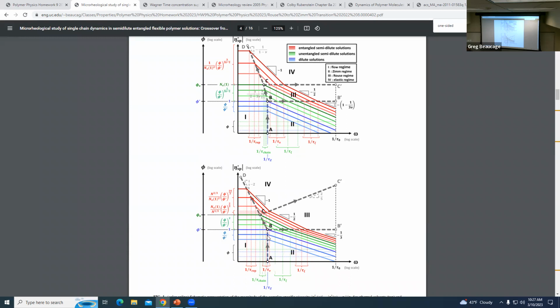Then those are going to diffuse following the Rouse theory, which predicts this -1/2 slope. I can show you where that comes from. But basically, that's the Rouse prediction, it's going to be -1/2 if you plot the viscosity versus frequency. And it would be 1/2 if it was viscosity versus time. Right? So he wants to see that.